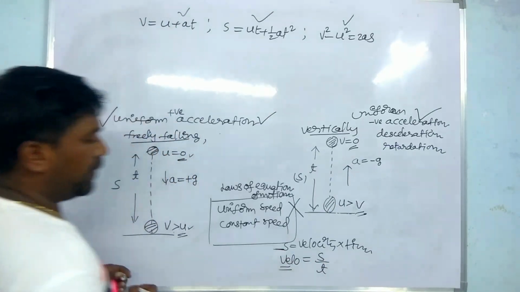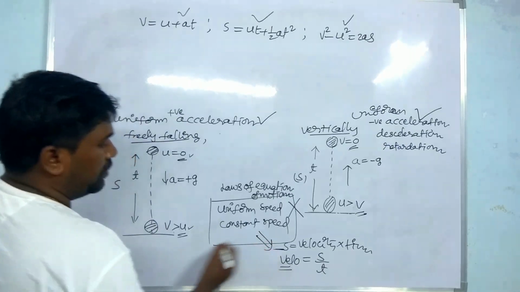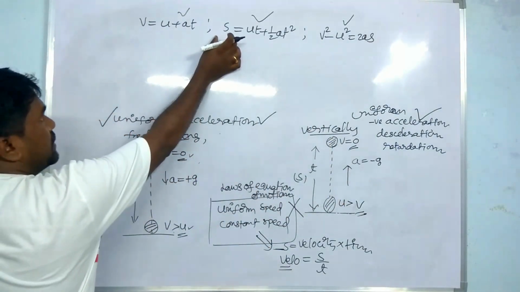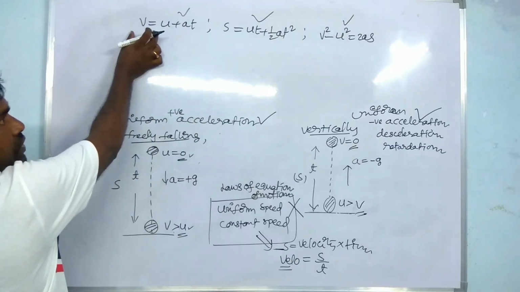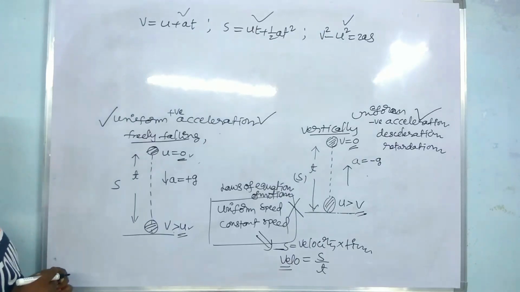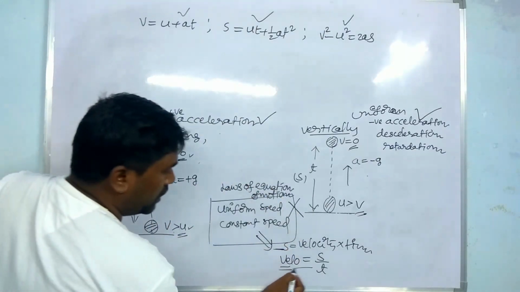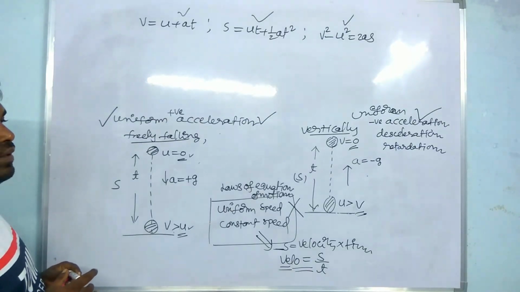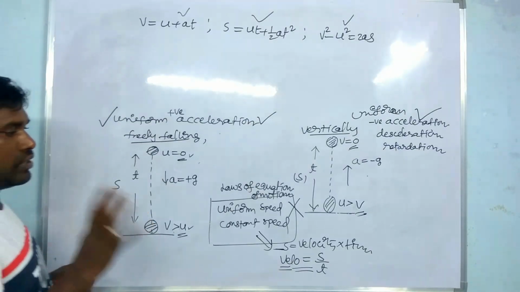This is the pattern we have to use. But in the two earlier cases, to find the distance or the velocity, we have to use the equations of motion. Do you understand clearly? Right, let us see some examples.